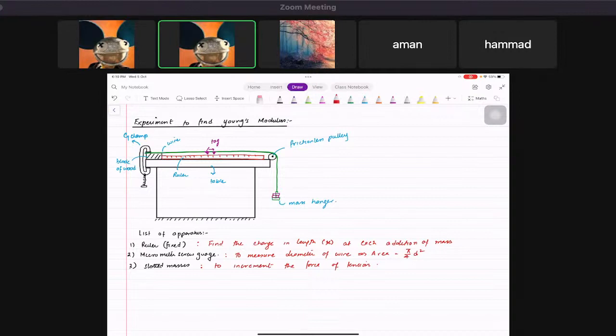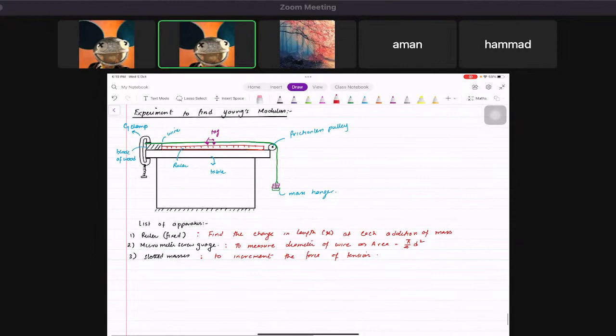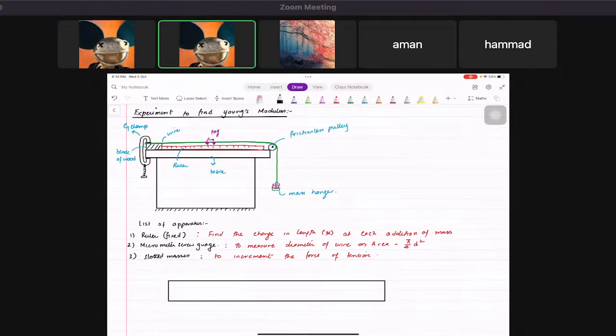So when you're done setting it up, you keep on doing this and take a number of values. In your course, a minimum of 6 values are generally taken, sometimes 5 as well, so it's okay.